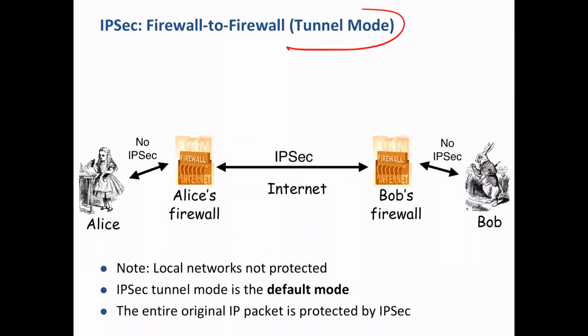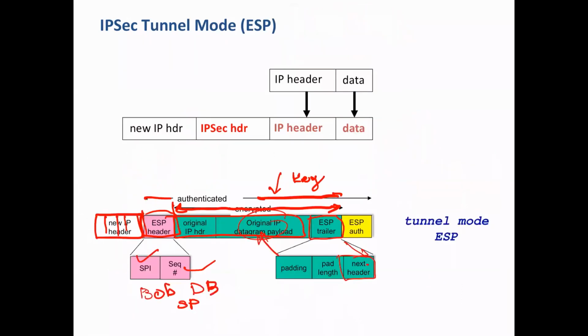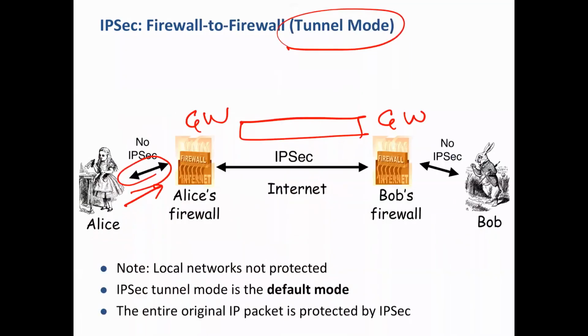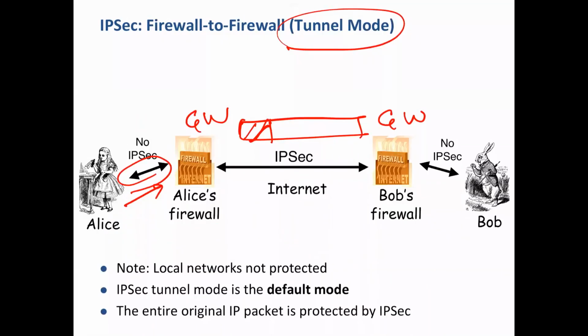If you are going to use tunnel mode, there is no IPSec between Alice's machine and Alice's firewall, or we call it the gateway. This is another gateway. Okay, the packet goes in tunnel mode in this format, and this new IP header corresponds to the transfer between this gateway and the other gateway.